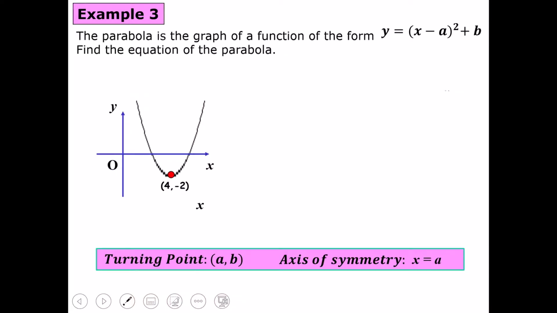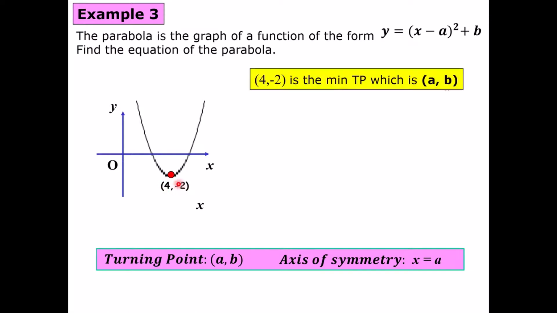Okay, example 3. Again, this parabola is the graph of a function of the form y equals (x minus a) squared plus b. Find the equation of the parabola. Okay, so we know the turning point is 4 and -2. So 4 and -2 is the minimum turning point, which is a and b.